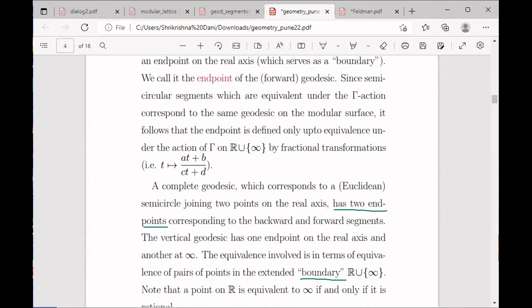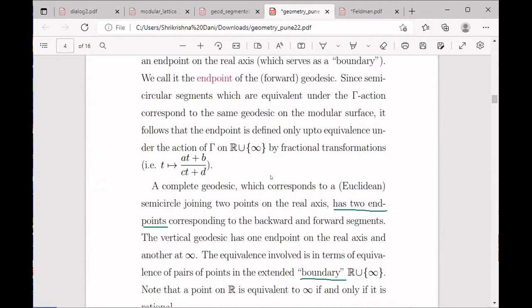That's the first part. Now, a complete trajectory, which I will not be dealing much with, consists of the 2 sides, and correspondingly it will have 2 endpoints on the boundary. Now, the real numbers together with infinity, we are going to view as the boundary.